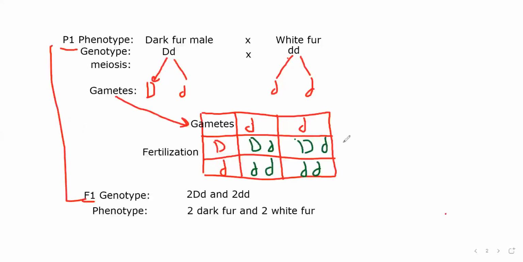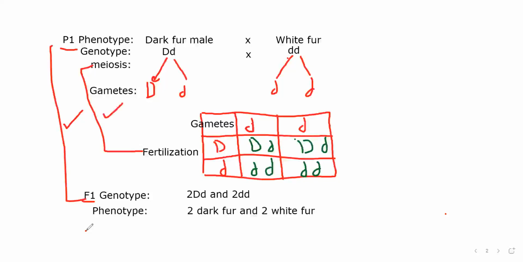Next, we ask ourselves, did this person write meiosis and fertilization? If it was written, then we give you 1 mark as well for that.